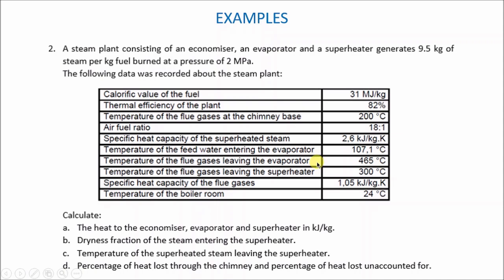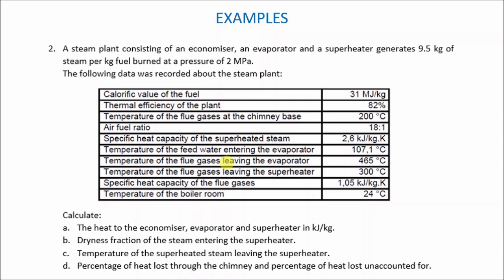So do not get confused. When they give you the temperature of the feed water, you need to look at the diagram of the flow of water. When they give you the temperature of the flue gas, then you need to look at the diagram of the flue gas.